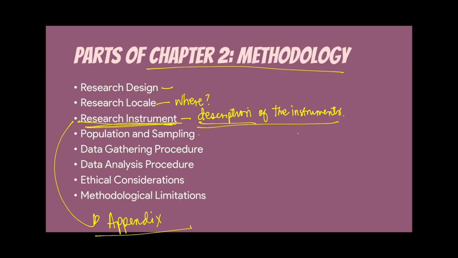And then population and sampling, which basically tells us about the inclusion and exclusion criteria, the sample size, the target population, and the sampling technique to be used. The data gathering procedure basically tells the reader about the step-by-step process to be undertaken by the researcher in order to do the study. So usually we start with administrative clearance, meaning who are you going to ask for permission from, and then after that is recruitment.